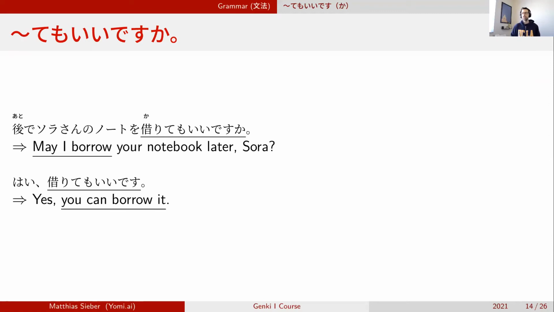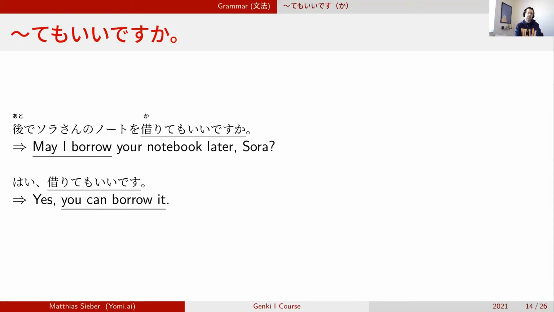Both are fine to use in question and answer. That's what I want to show here. Here it's kind of reverse, we start with the question, having the ka, and then in the answer, we essentially just drop the ka to make a statement.